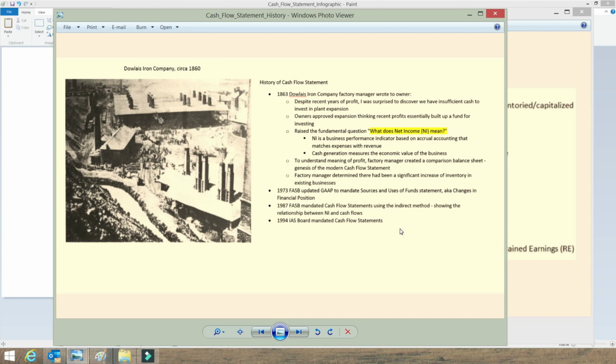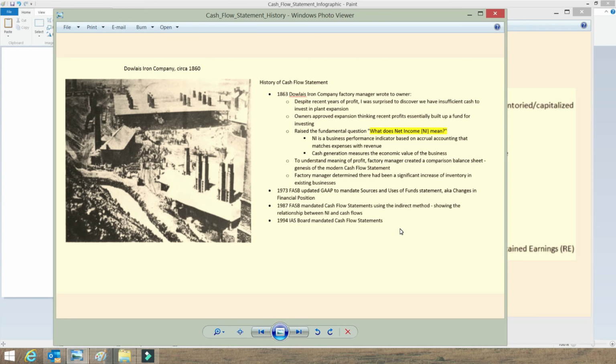an iron company called Dallas out of England back in 1863, where there was a factory manager there that wrote to the owners of the company saying that even though we've had years of profit, an accounting profit, in this plant manager had been given the approval to expand production.